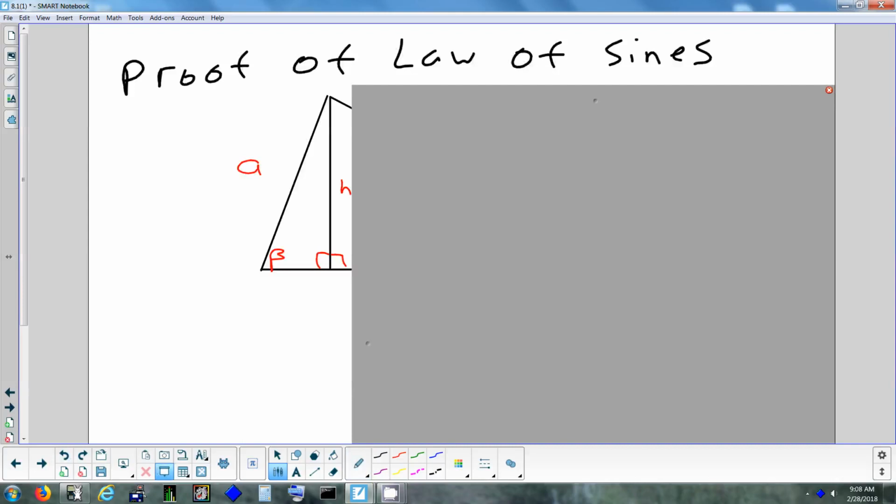I want to use a trig function that would involve this angle, this side, and this side. So I've got a right triangle, so I want you to think SOHCAHTOA. And what's the name of the side that we've labeled h from the perspective of beta? Opposite.